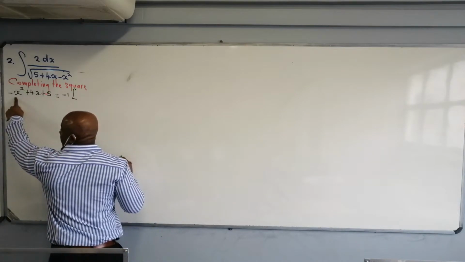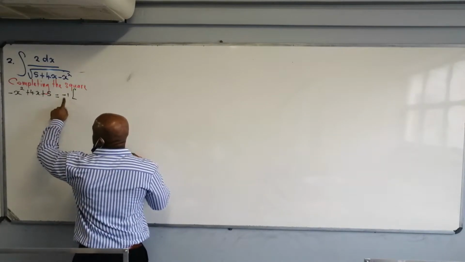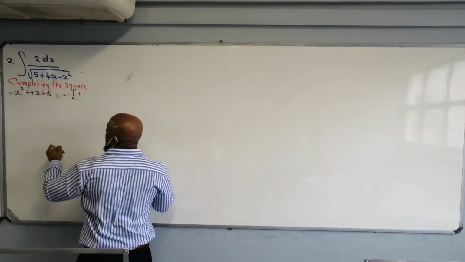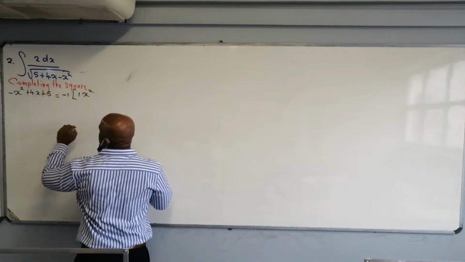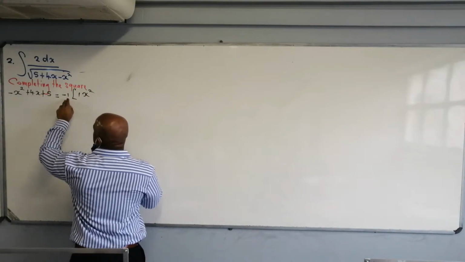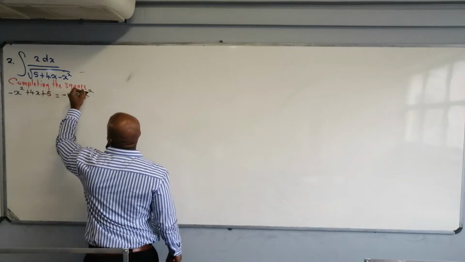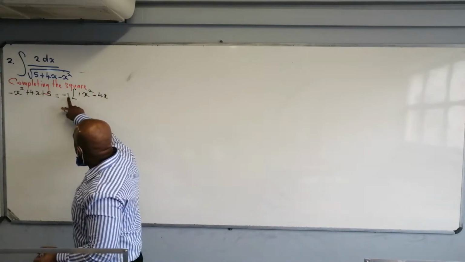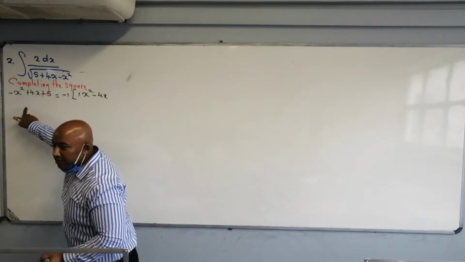Right, so you take out -1 as a common factor. So now, minus x squared or -1 divided by -1 will give you the +1. X squared minus 4 divided by, 4 divided by -1. What will that be? -4. Okay. So -1 times -4 will give you +4.